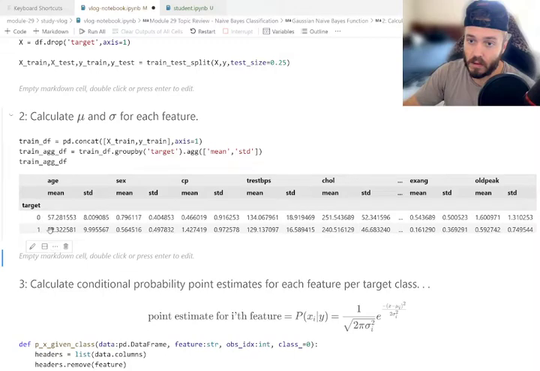We're basically turning the target column into an index, so 0 or 1, the value of the target column becomes the index for the corresponding columns. And we're going to aggregate it with mean and standard deviation, and that gives us this layered indexing. So for age, we have the mean of all 0 classes and the mean for all true or 1 classes, and so on and so forth.